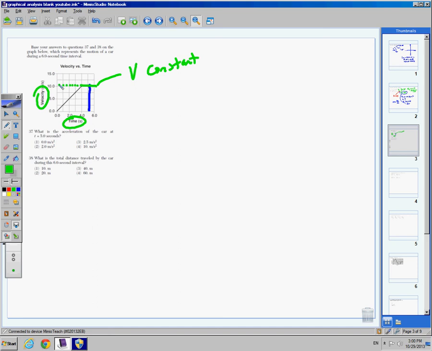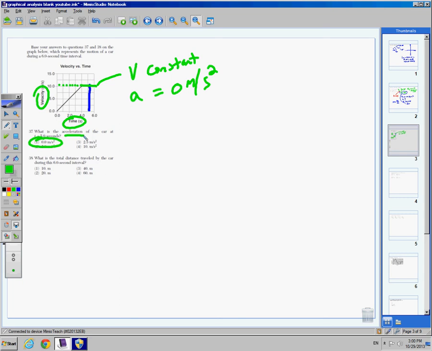However, that's the velocity. Since it's a constant velocity, the acceleration has to equal 0 meters per second squared. You cannot have a constant velocity and have an acceleration at the same time. So I'm going to choose choice number 1, where it says 0 meters per second squared, because it's asking about the acceleration of the object and not the velocity.